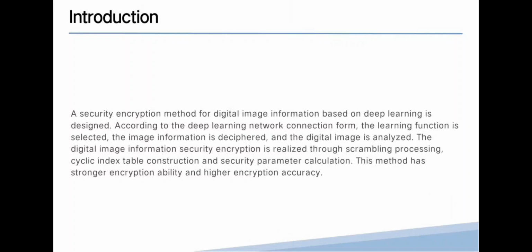The digital image information security encryption is realized through scrambling processing, cyclic index table construction, and security parameter calculation. This method has stronger encryption ability and higher encryption accuracy.